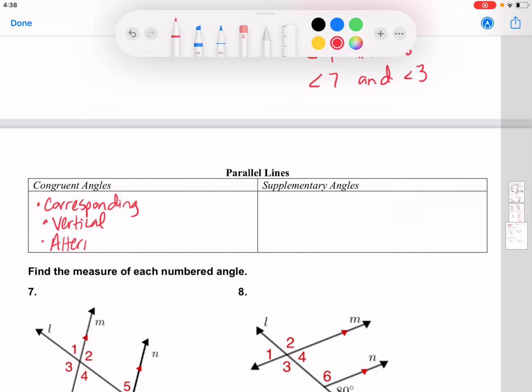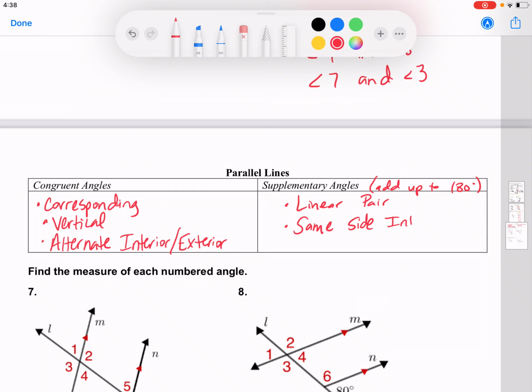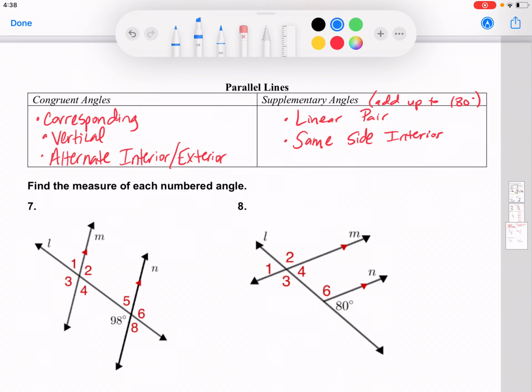Alternate interior and exterior are congruent. Supplementary angles, meaning they add up to 180, would be your linear pair and the same side interior. Sweet. That's important to know, but just so you know, this is only true if the lines are parallel.